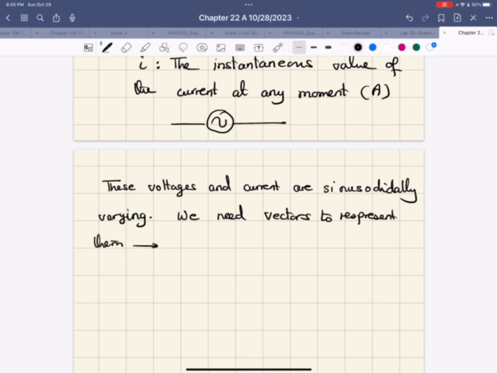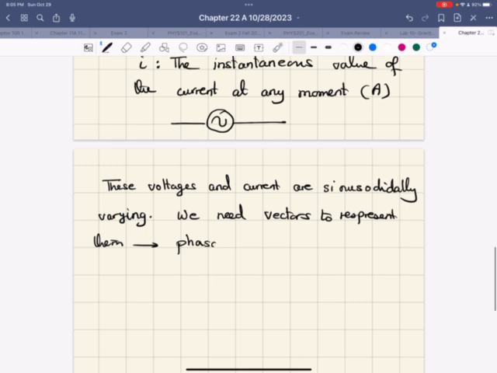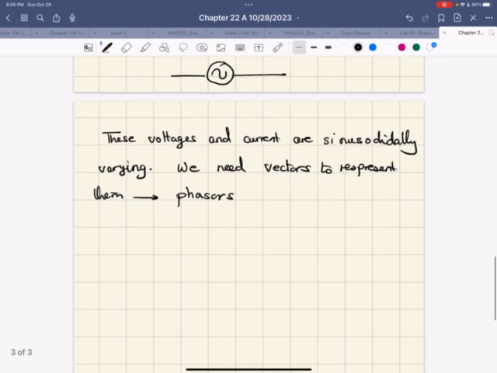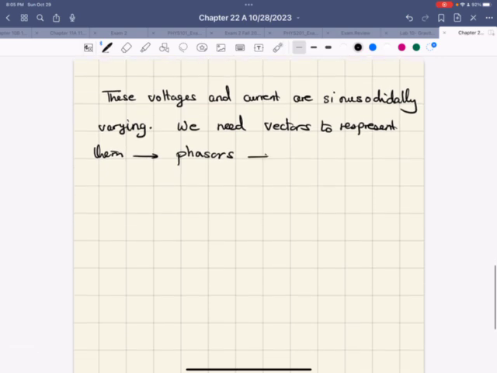We call these phasors, and we represent them using what is called a phasor diagram.